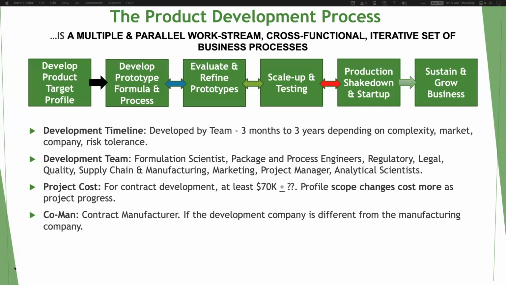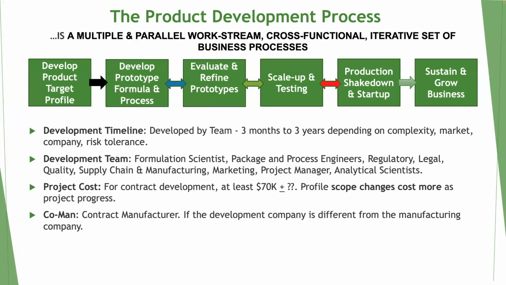If it's an outside manufacturer, contract manufacturer, then developing a relationship and working directly with the contract manufacturer to do the development is very important. And it's often a place where things fall down. The communication between the contract manufacturer and the developers has to be at a high level throughout the entire development process, or it leads to errors.